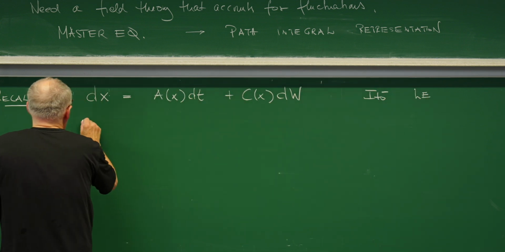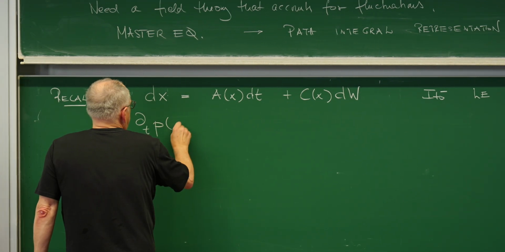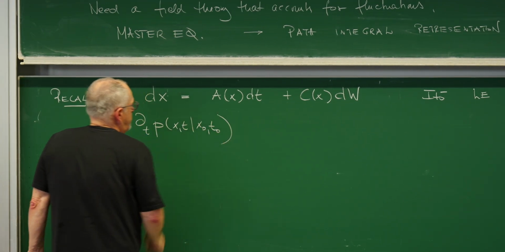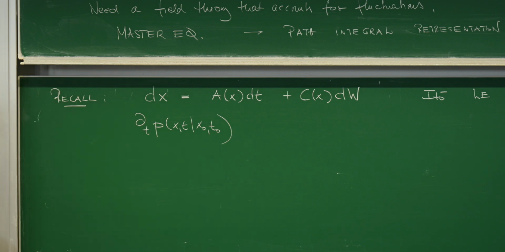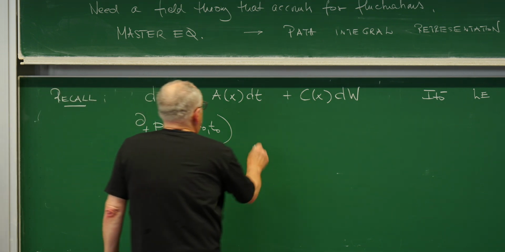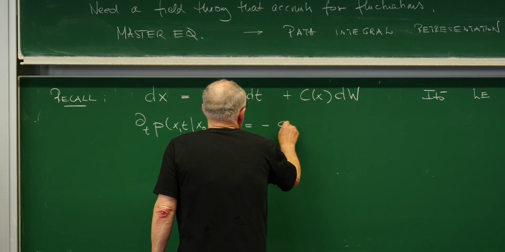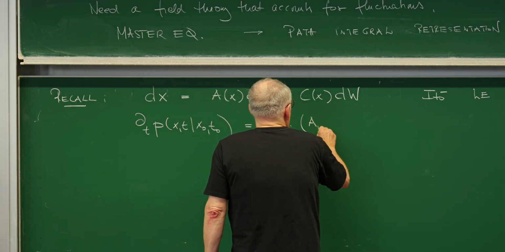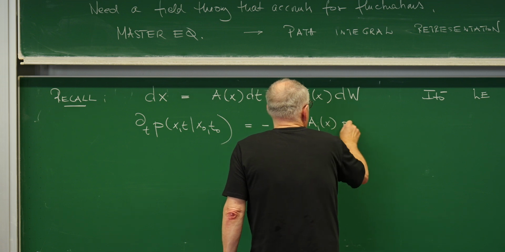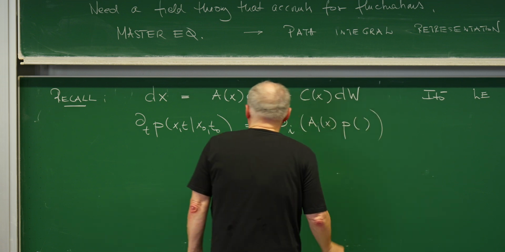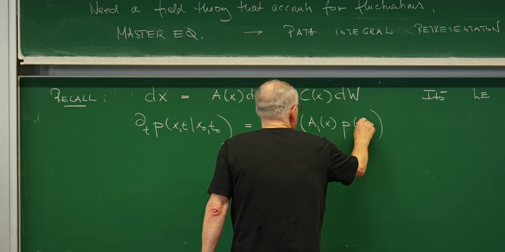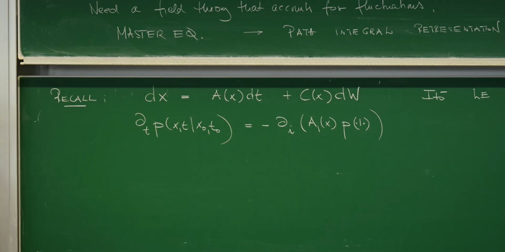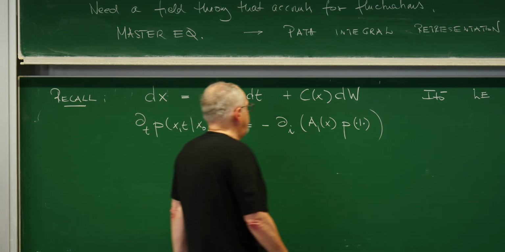And then you know that this kind of Langevin equation is identical in content to a Fokker-Planck equation, right, where you have here the drift term, gradient dotted into the drift vector.